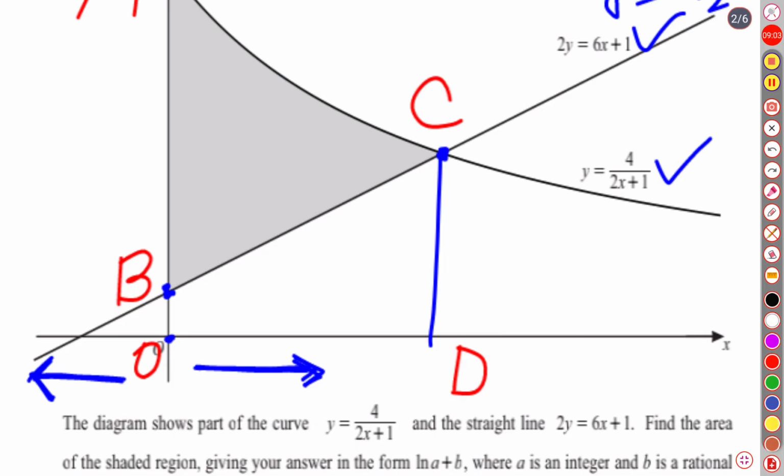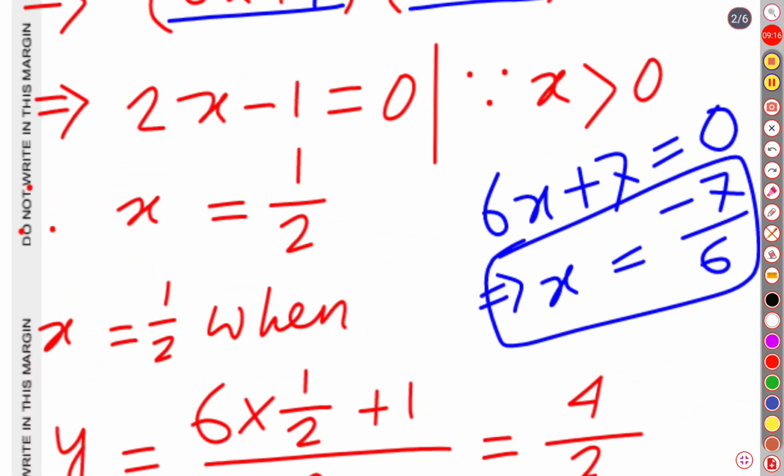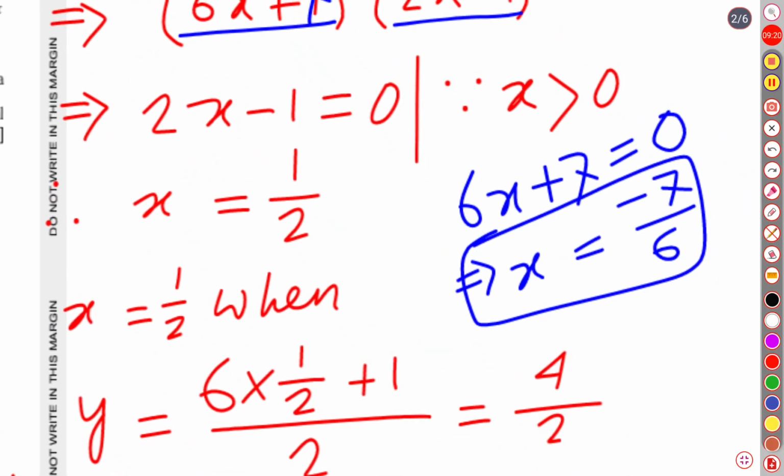So c must satisfy the positive root of x. That's why we have rejected this one, as it produces a negative value. I think you have understood.